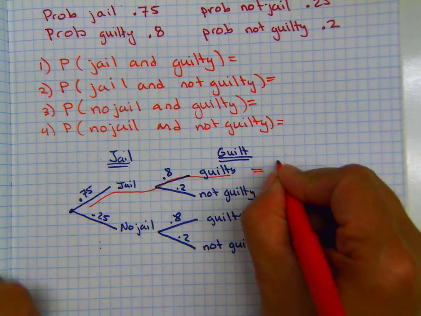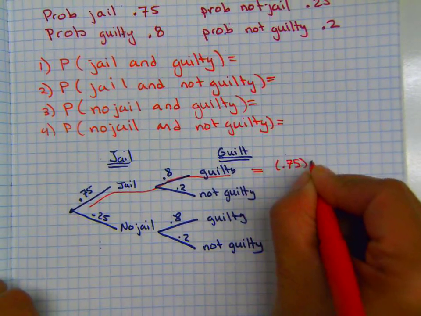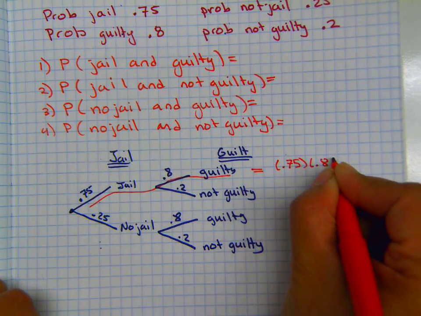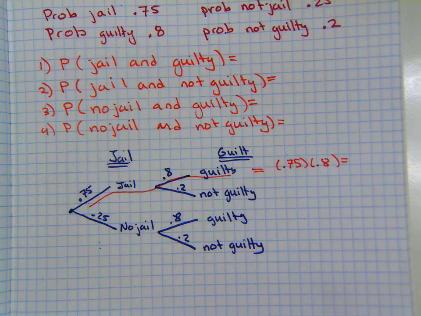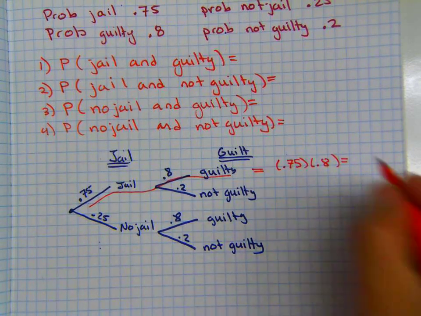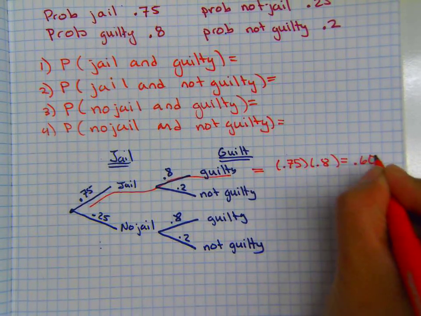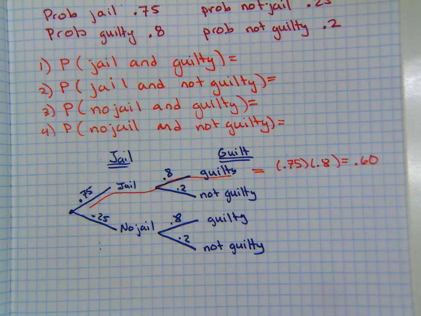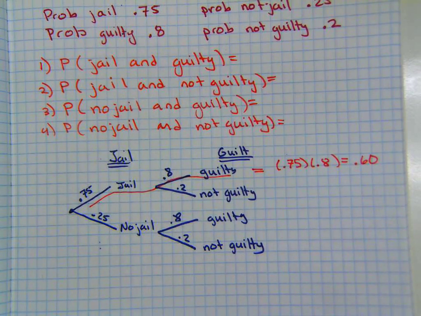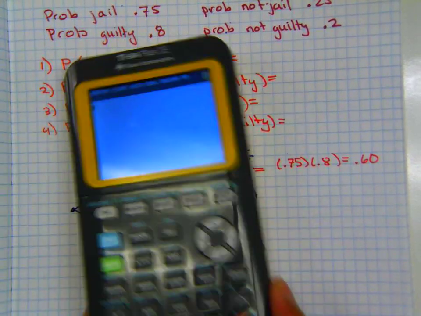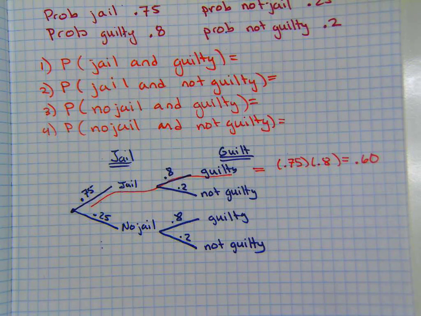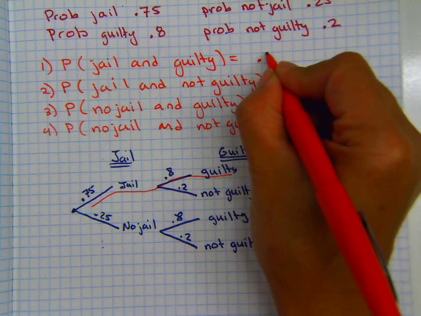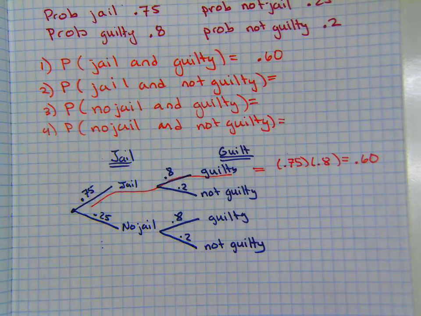So we're going to multiply 0.75 times 0.8, and that comes out to be 0.60. You can always double check that. 0.75 times 0.8 is 0.6. All right, same thing. So this answer up here is 0.60.